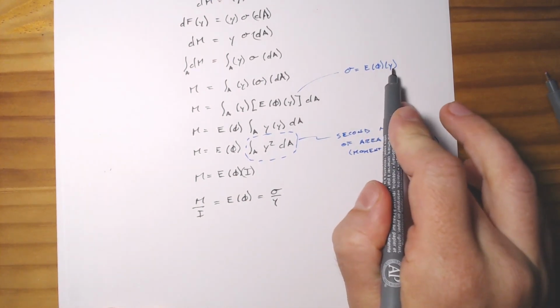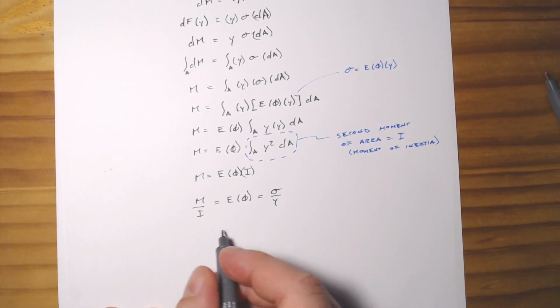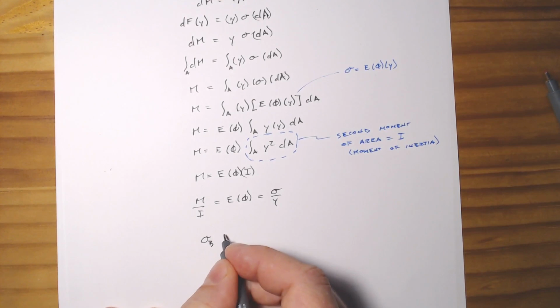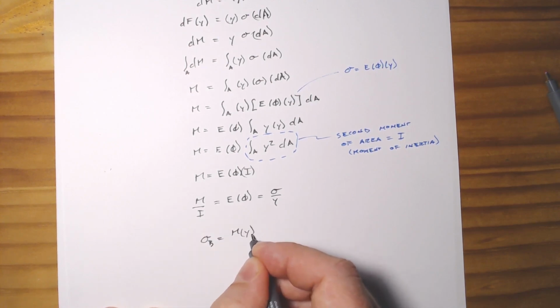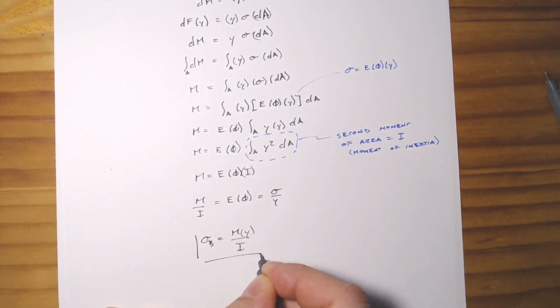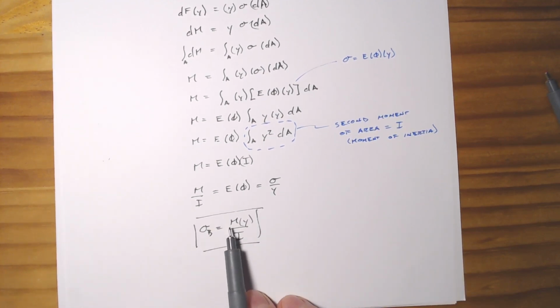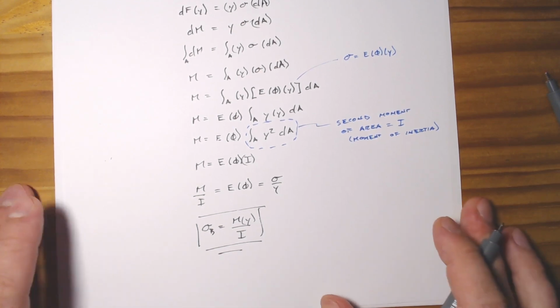Just doing a little bit of rearranging, E times curvature is sigma over y, which means that our stress from bending is simply going to be M times y over I. The bending stress is simply going to be a relationship between the bending moment, the distance y away from the neutral axis, and the moment of inertia of the cross-section.